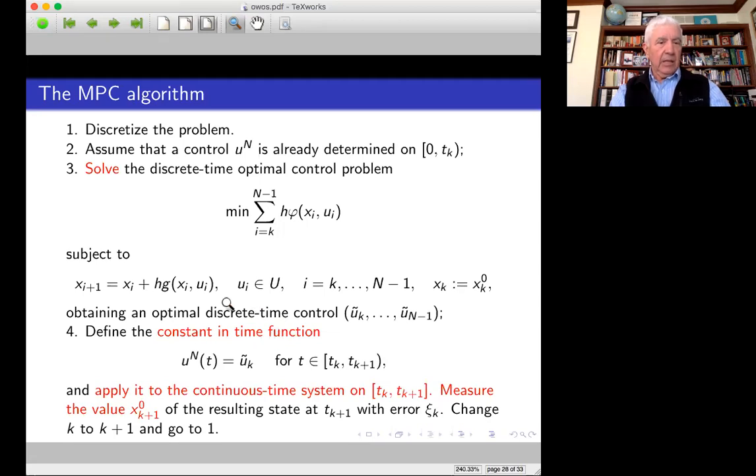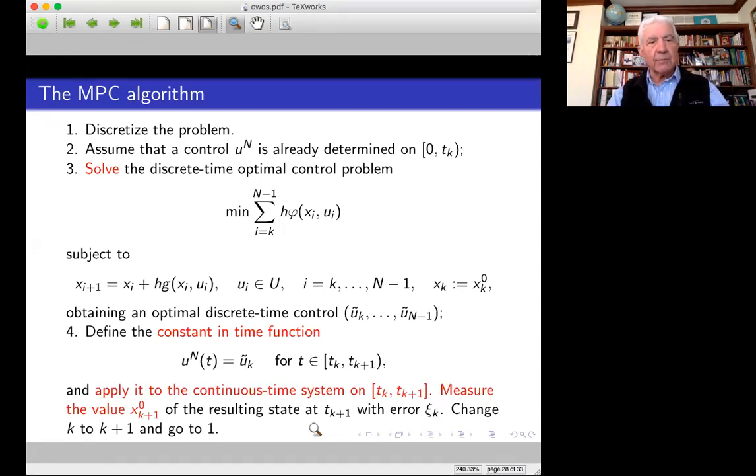Then find the optimal control for this discretized problem, and in the next time interval, take the constant function uk, which is a solution of this problem, and apply it to the continuous time problem. Then measure the resulting state with some error, say, and go again to the iteration.